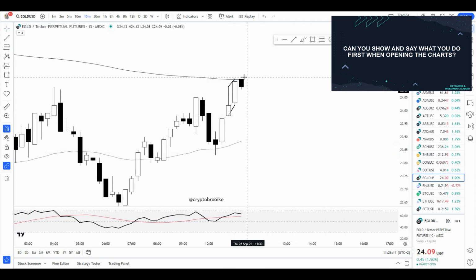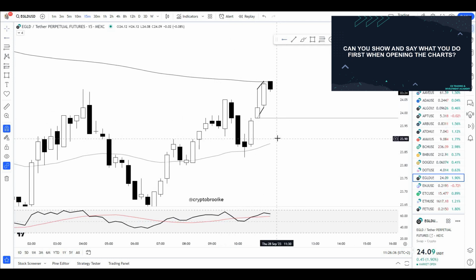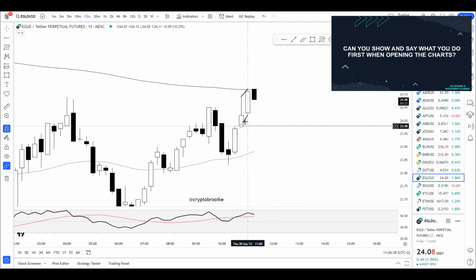And what we then should be looking for is the signal candle, which is the candle that should potentially signal an entry. It has a lower high than the second bar, and it closes below the low of the first bar.